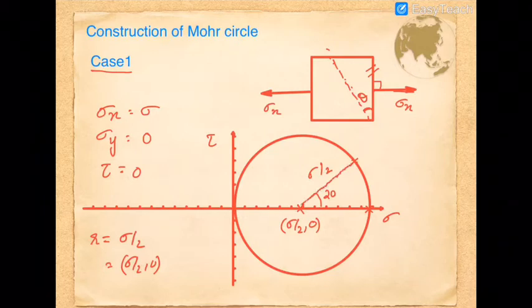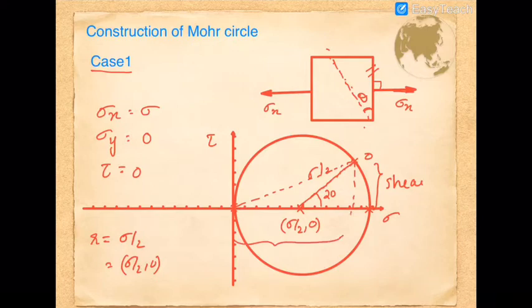So this plane corresponds to the theta on the object itself. Now if we connect this point with the origin, then the corresponding vertical drop will be the shear stress acting on the body, and this much portion corresponds to the normal stress acting on that particular plane. That's the construction.